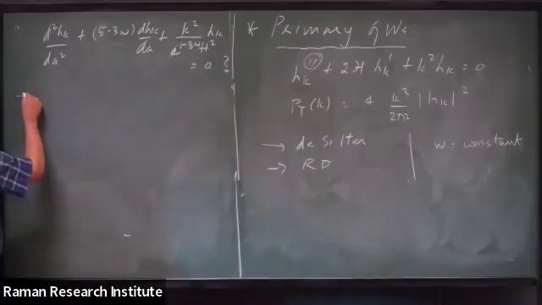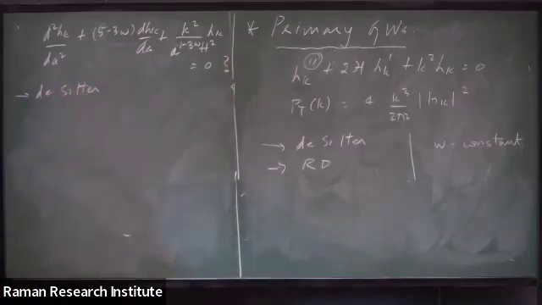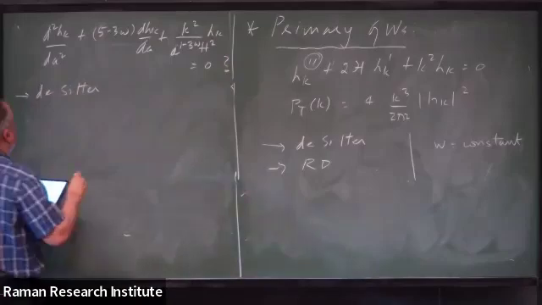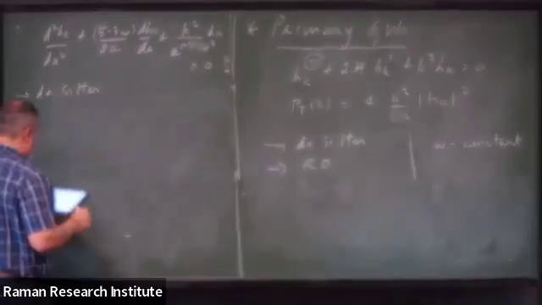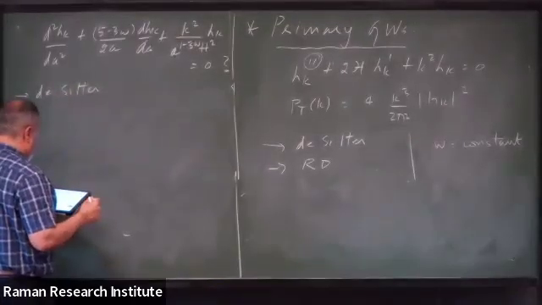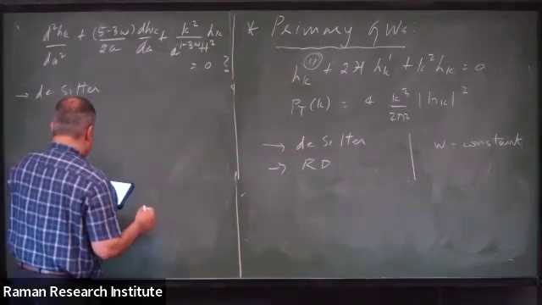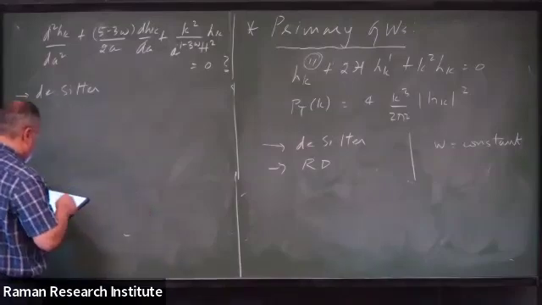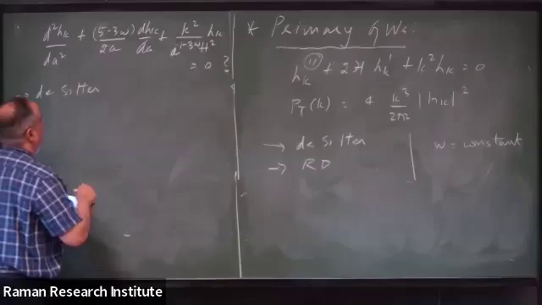And so in de Sitter, you know the solution, right? I hope I have not made an error here. It is divided by 2a. I'm just worried about the constant.